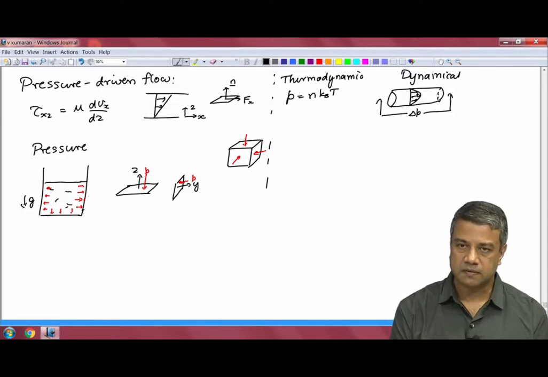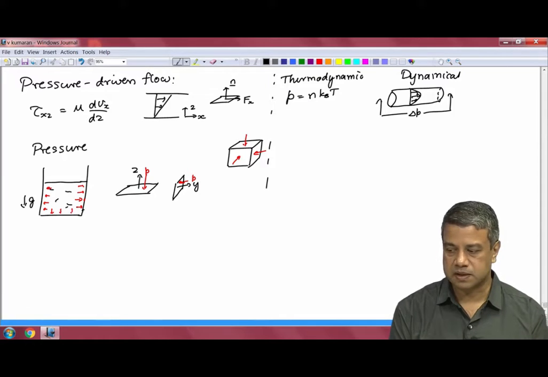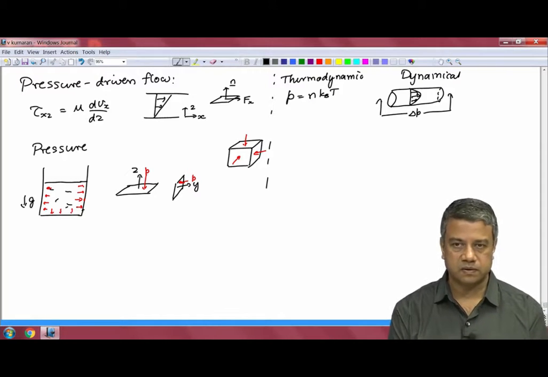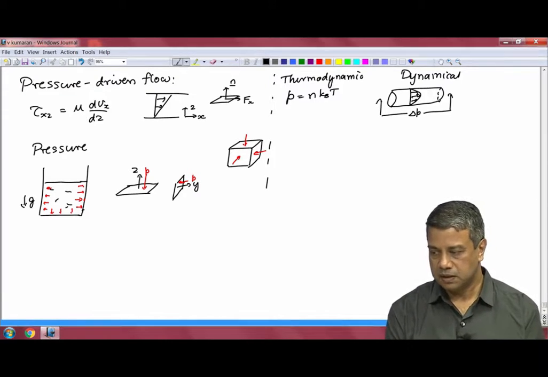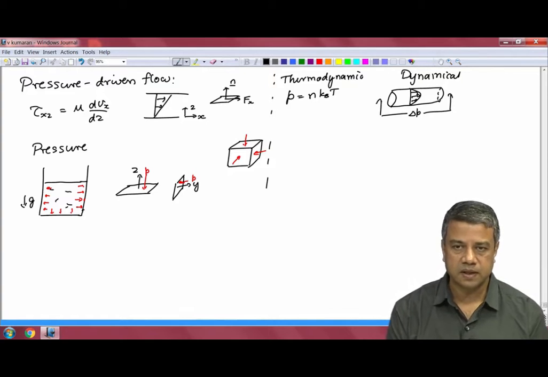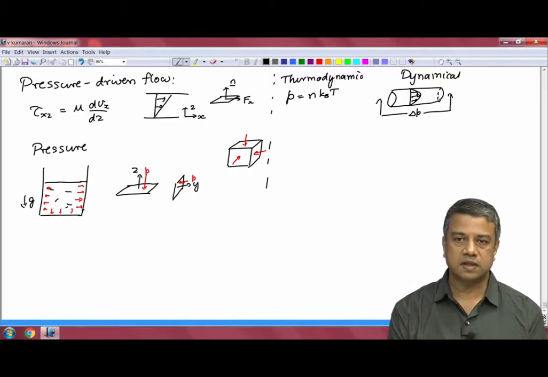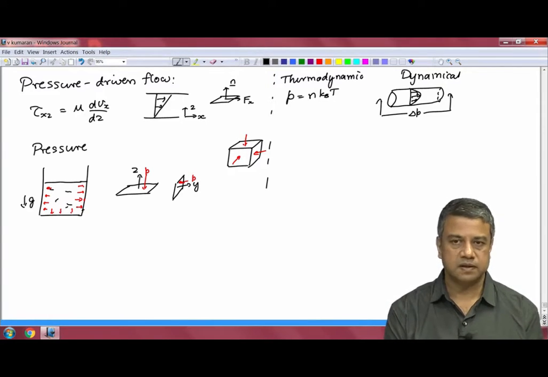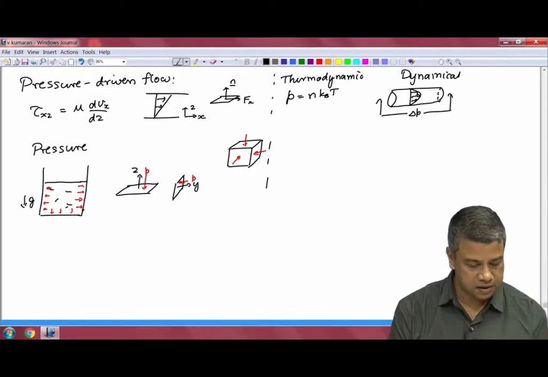That cannot be done for thermodynamic pressure, because thermodynamic pressure does have an absolute value. So, in this course we will only be looking at pressure differences, not at absolute values of the pressure itself. It is the pressure difference that drives the flow.